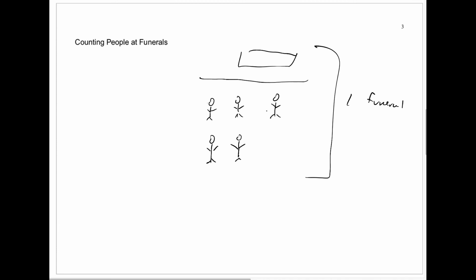You could think of your attendance of the funeral as giving a +1 to your funeral count, and it will do that for every single person at the funeral. There'll be a +1 for how many funerals you go to. Another way to do that, and again, let's assume there are 50 people here, you could count a +50 in the funeral column.